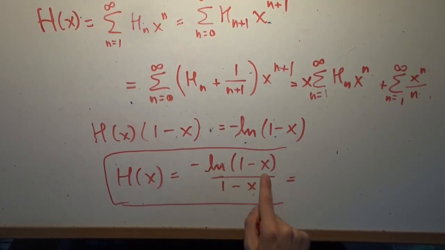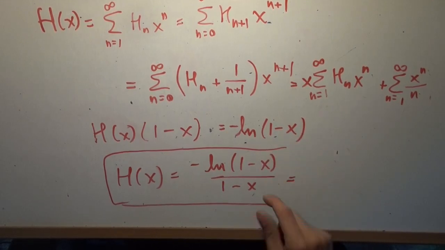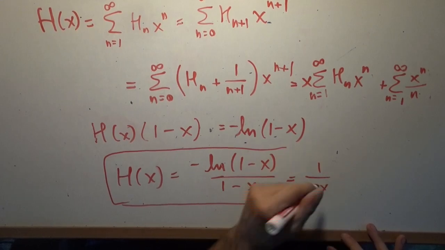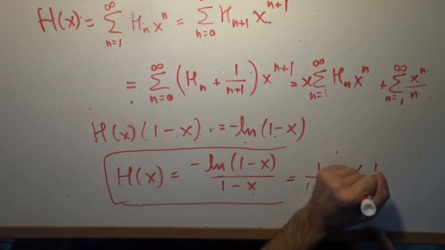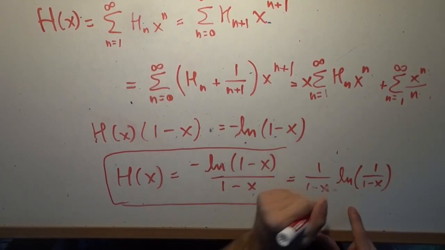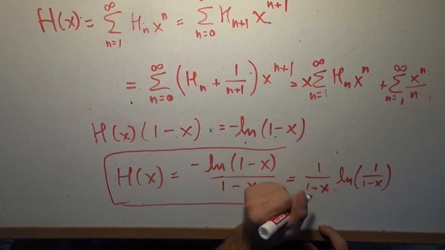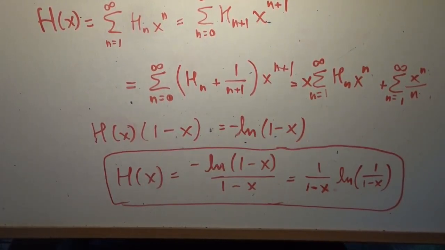We can bring the negative 1 in as a power and do ln of 1 over 1 minus x, and then bring this term out as a factor. So we'll get 1 over 1 minus x, which is this denominator here, times the natural logarithm of 1 over 1 minus x, because the negative 1 goes in as a power and makes it the reciprocal. So this is also an equally valid expression of that function, and it's a very beautiful result.